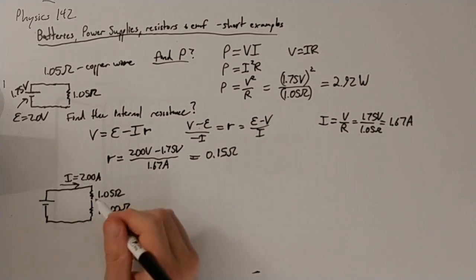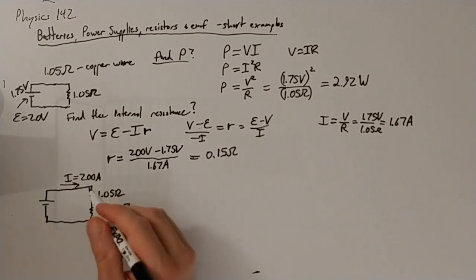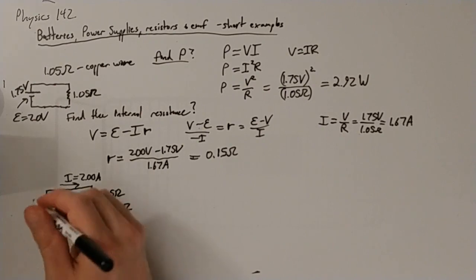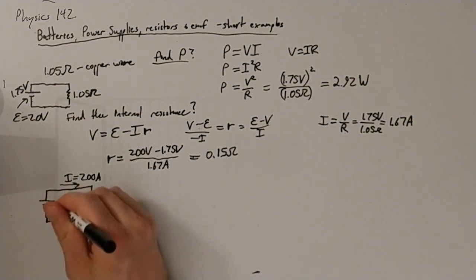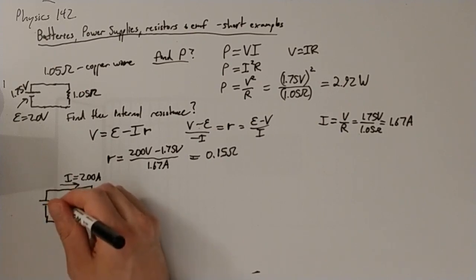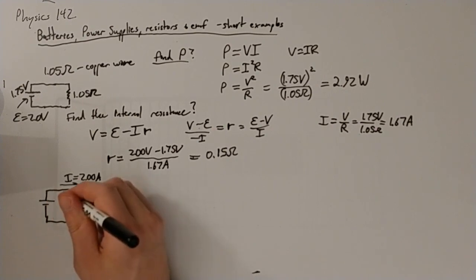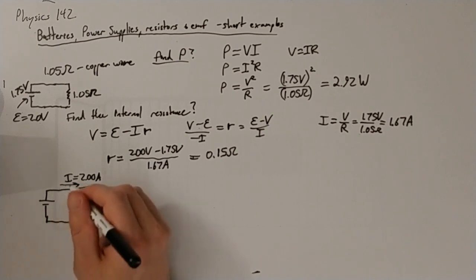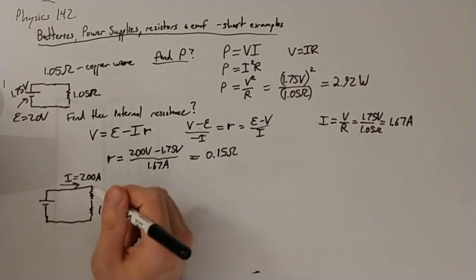Let's say I want to maintain a current of 2 amps, and remember that the voltage across this is still our 1.75 volts, I think, but we don't actually even need that here, right?